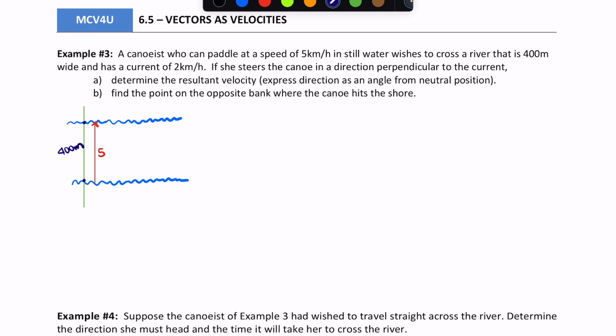And here we see that there's the current of 2 kilometers per hour. And again, we have our resultant vector here, and then our theta, which is our angle, with this being the neutral position.